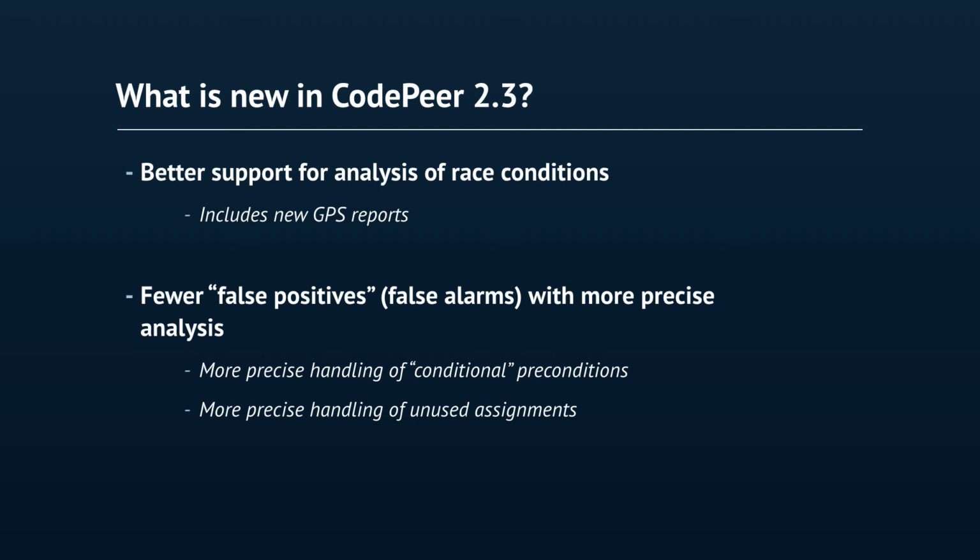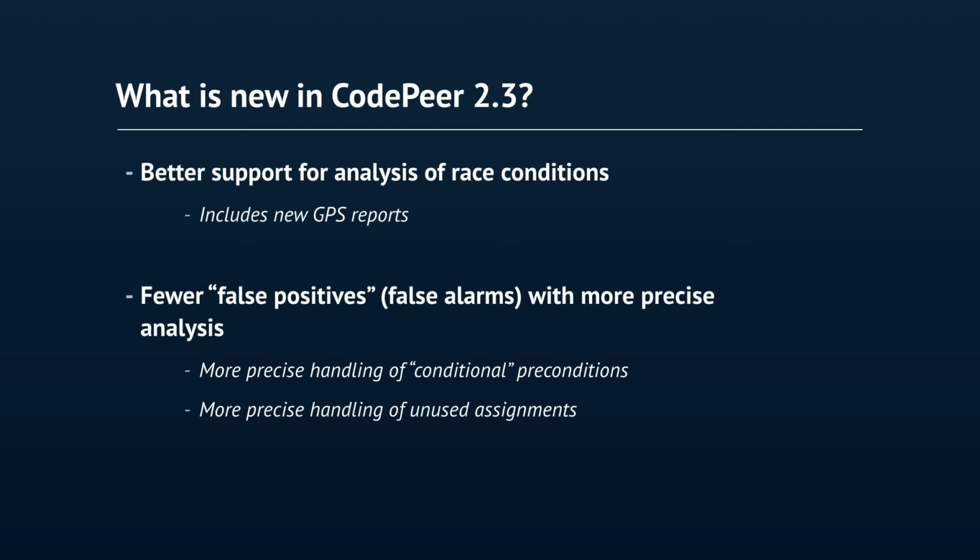Fewer false positives in a couple of ways. We have the notion of conditional preconditions, which are preconditions that only apply if other inputs have certain values. So we might say, well, x must be greater than 0 if y is also greater than 0, for example. Those kind of conditional preconditions allow us to, again, be more precise.